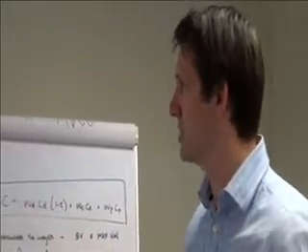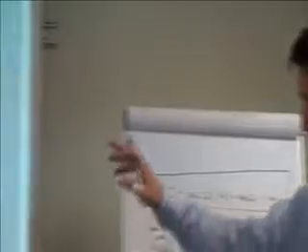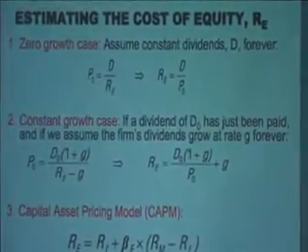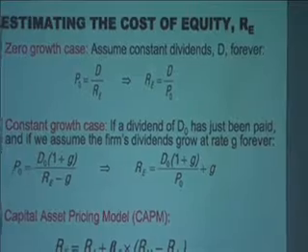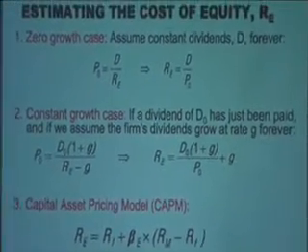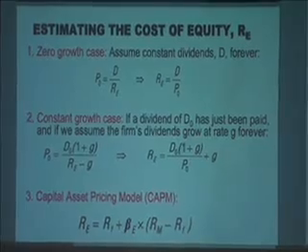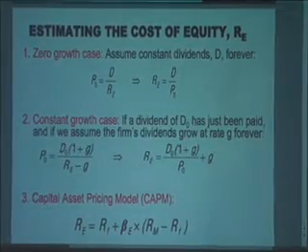The formulas are all given to you, and they highlight that there's obviously a zero growth case. But let's just write out the formula for the constant growth, which is more realistic in most situations.